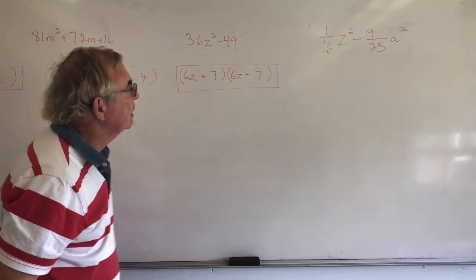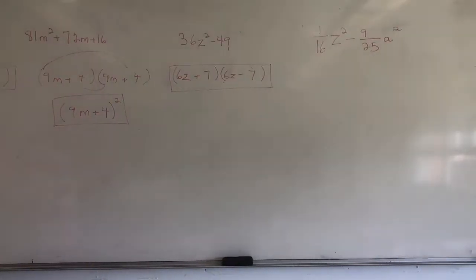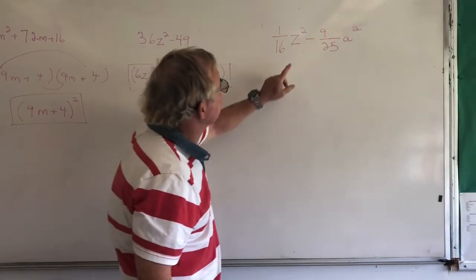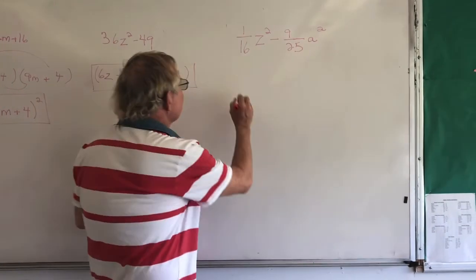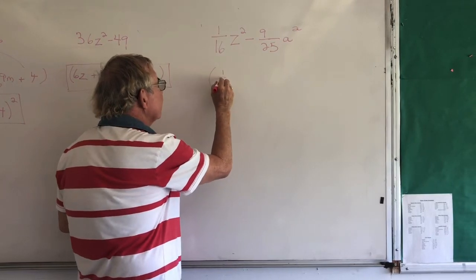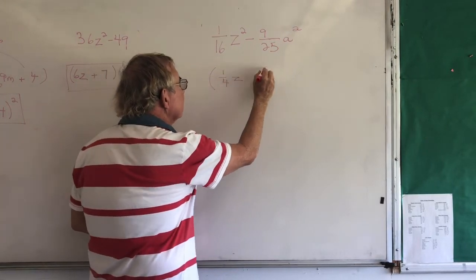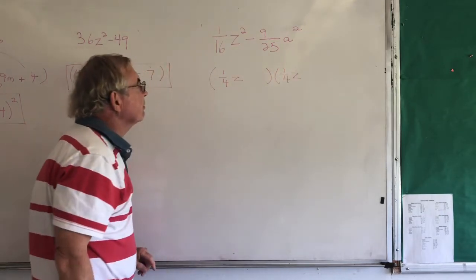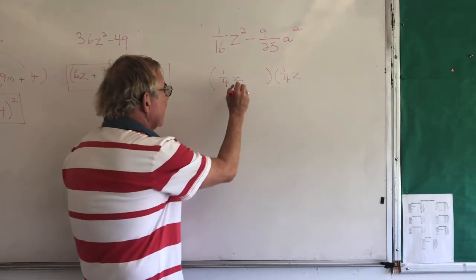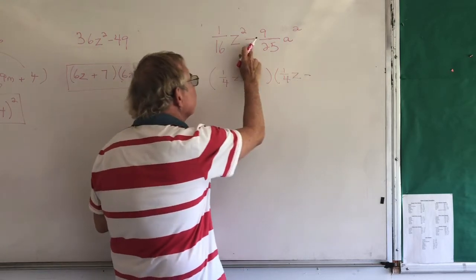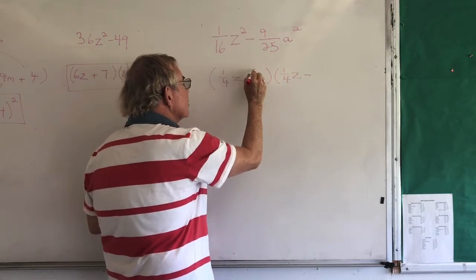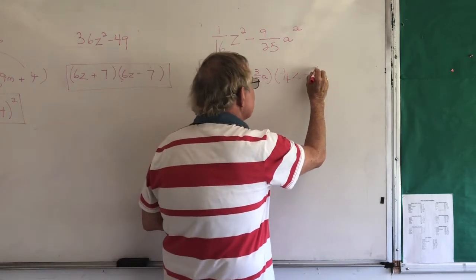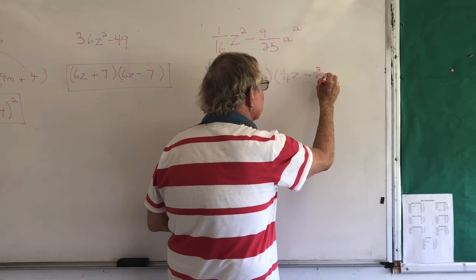Okay, the next one is another difference of squares. Just threw some fractions at you. It's all right. It's a difference. The square root of 1/16 is 1/4 z. 1/4 z. You need a plus and a minus to give you this negative, and take the square of that, which is 3/5 a. 3/5 a.